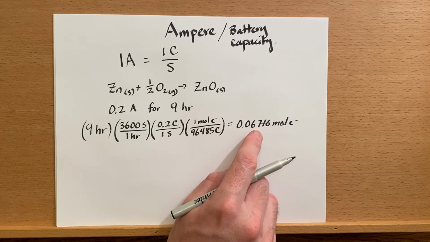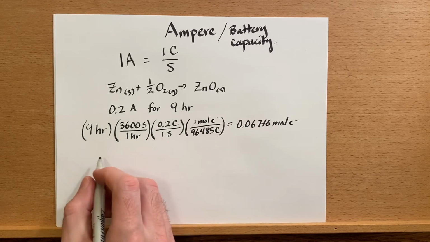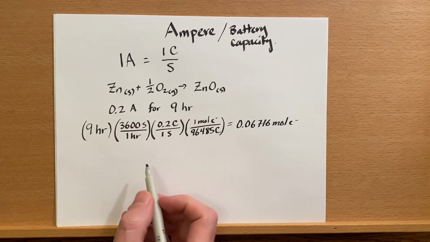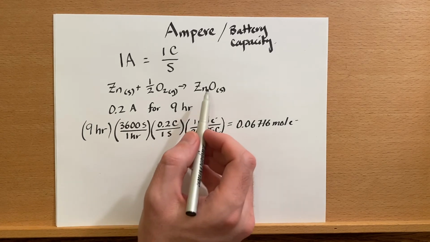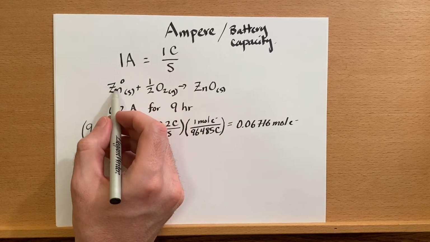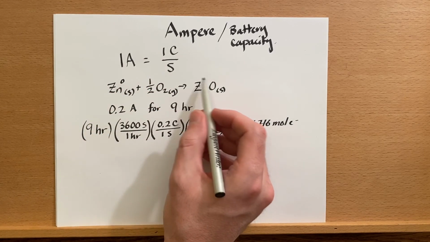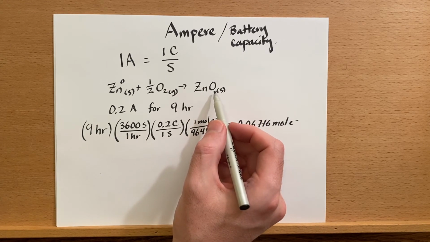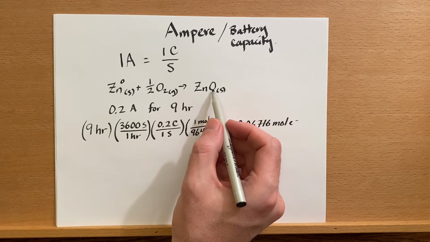Now I need to convert to grams of zinc. Now, I'm going to need to know how many electrons I use for every zinc. So we'll have to look here and see, well, this is zinc 0, so I went from 0. Now I need to determine what the charge is over here, or the oxidation number. Now, if you remember back to the rules, oxygen is always -2.